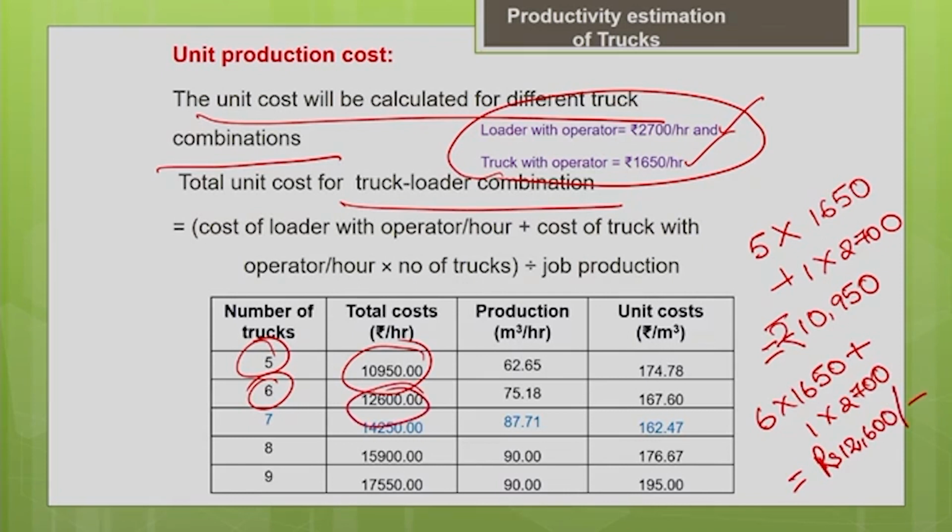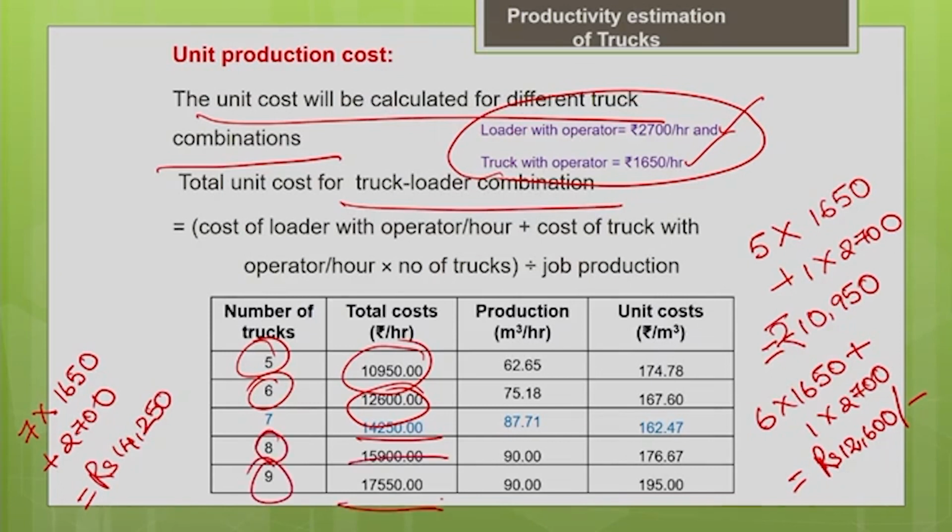Similarly, for the 7 trucks, 7 into 1650 plus 2700. This gives me the cost as rupees 14,250 per hour. Like this you keep calculating for 8 trucks and 9 trucks, the total cost per hour.